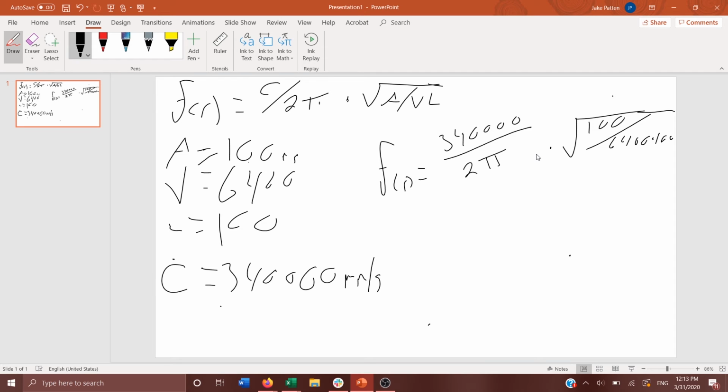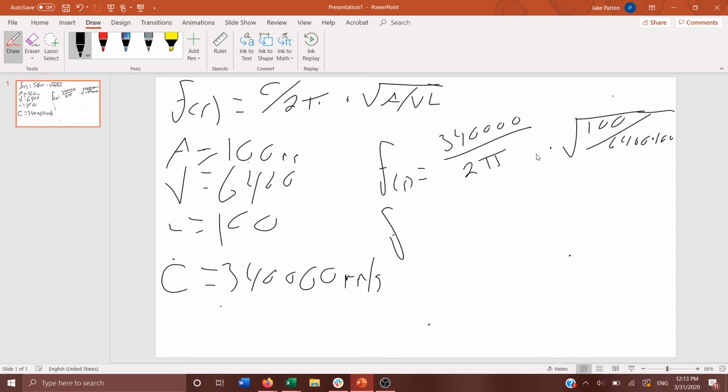Now, you could put this in your calculator, and if you want to do it that way, do it. If you don't, there's definitely some simplification that we can do.